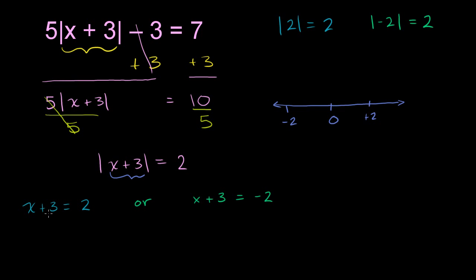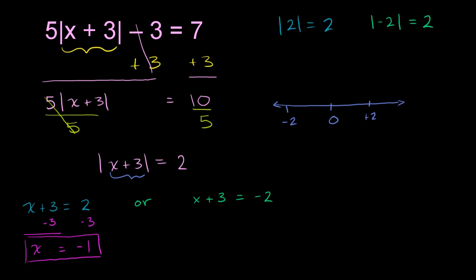Over here, we can subtract 3 from both sides of this equation. The left-hand side is just left with an x, because the 3s cancel out. x will be equal to 2 minus 3, which is negative 1. So that is one solution to our absolute value equation.